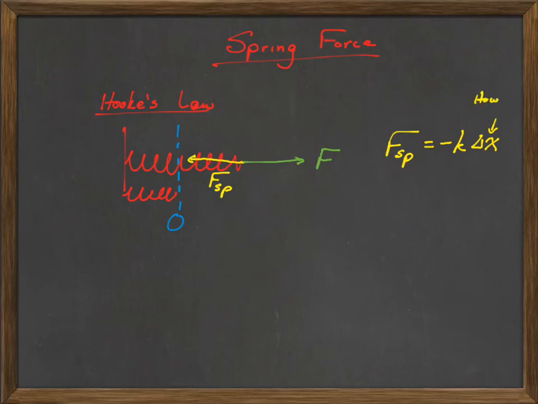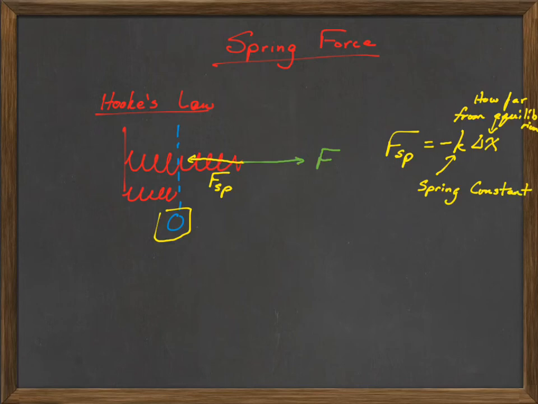So delta x represents how far from equilibrium. Remember, equilibrium was the point where the spring is relaxed. K represents what's called the spring constant. It's a measure of how stiff a spring can be.